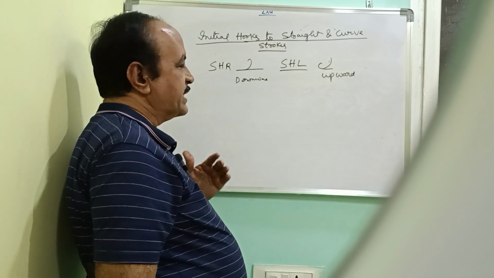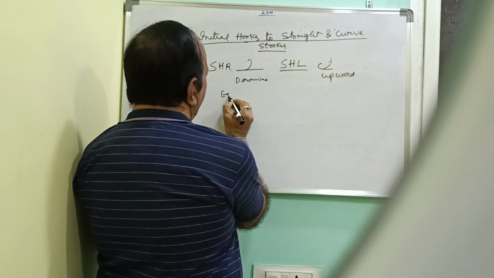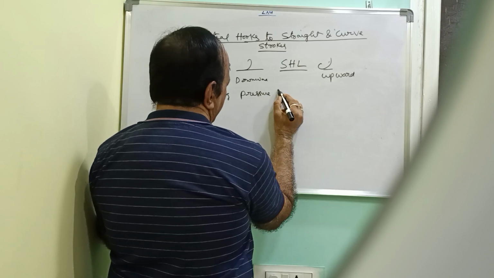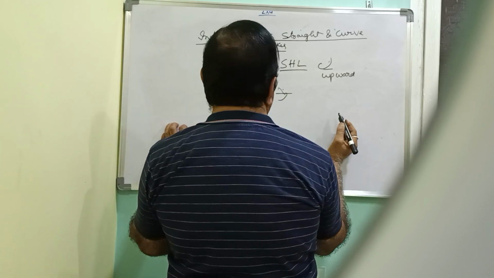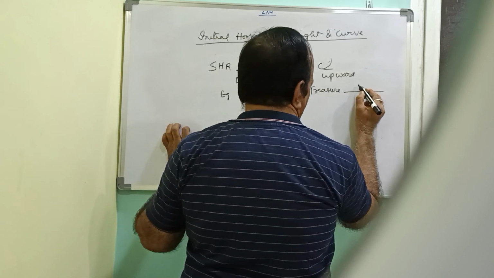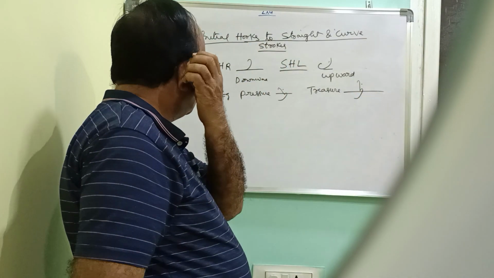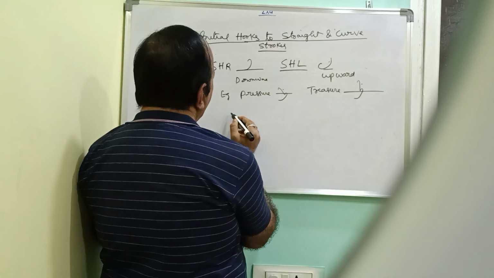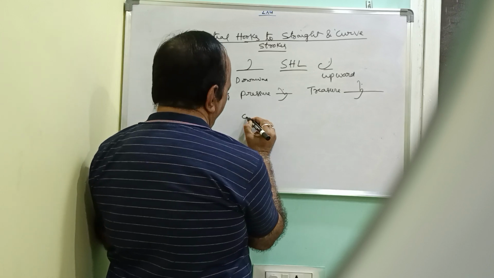I will explain with clear examples so that you can understand. Example: pressure, treasure, jar, treasure. Like this, shar we are writing in the downward form. Whereas for shal, the examples: official.